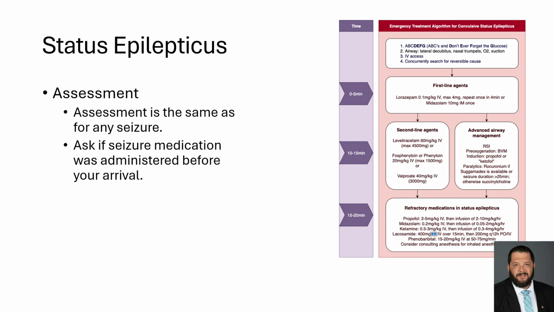If the seizure remains unbroken after first-line agents have been administered, paramedic providers should be considering advanced seizure treatment. And this typically includes drug-assisted intubation or rapid sequence induction, with paralytics used for the medication.